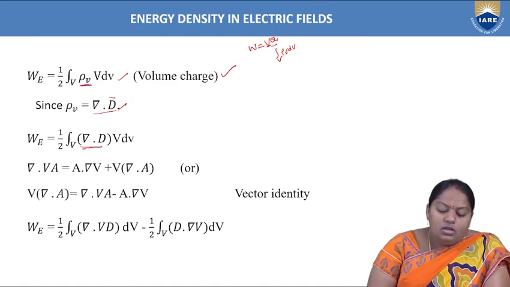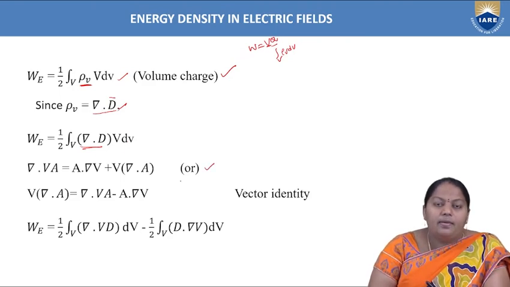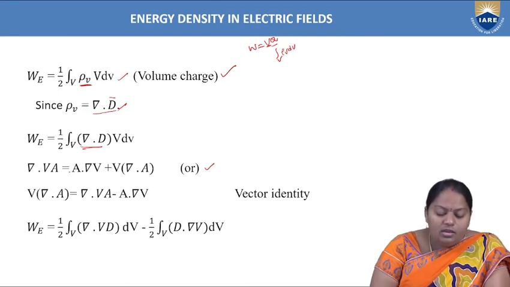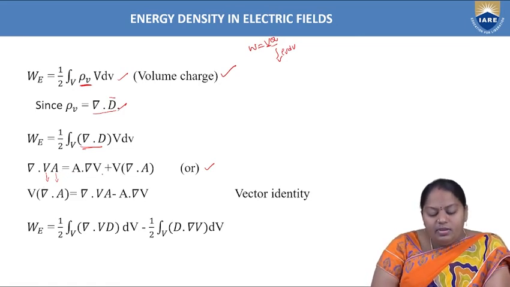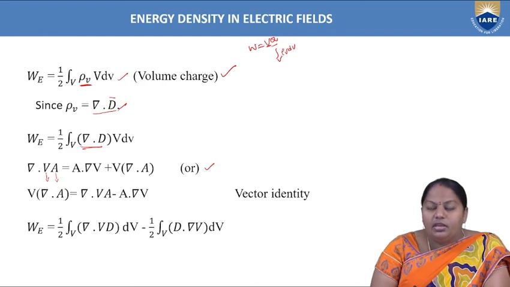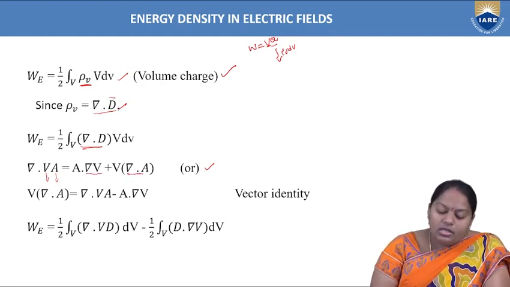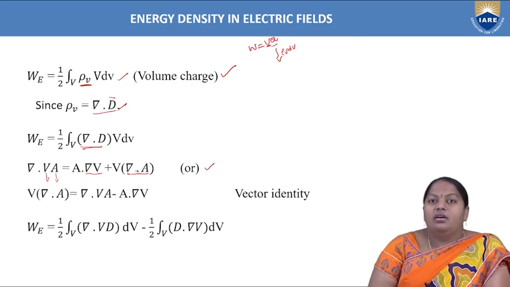Okay. Now to simplify further, we use a vector identity: del dot VA, where V is the scalar potential and A is the vector. This equals A dot del V plus V into del dot A. Del V stands for the gradient of a scalar and del dot A stands for the divergence of a vector.